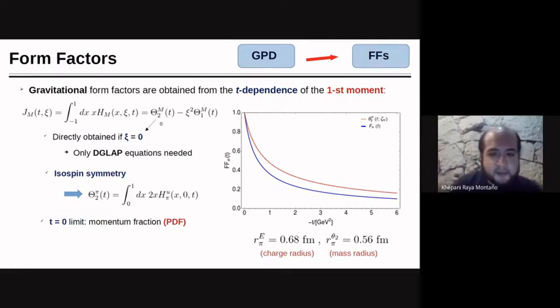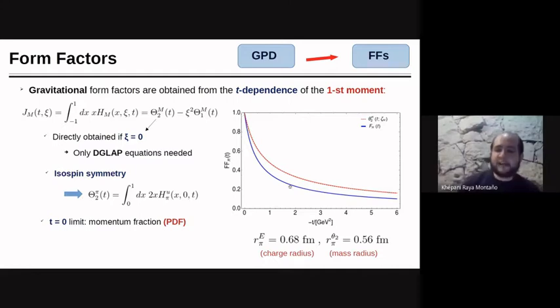And moreover, to evolve this θ2, we will only require the evolution of the DGLAP equations. In the isospin symmetric limit, this is basically 2 times the integration corresponding to the U quark, and this is what we get, the red curve. And I'm comparing with the electromagnetic form factor.